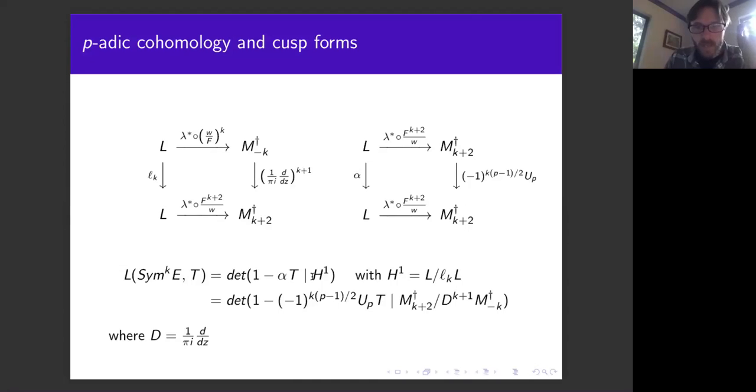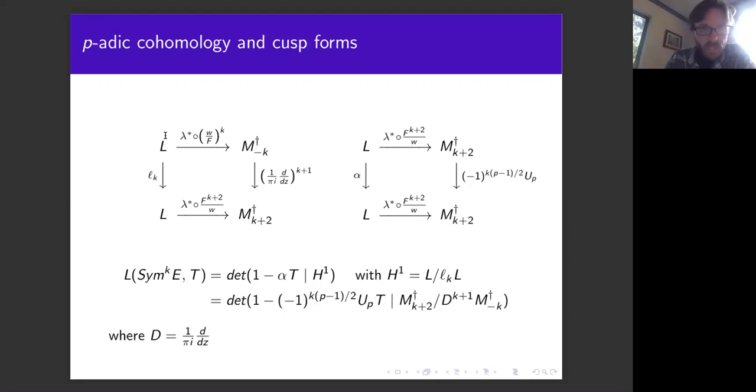To be more explicit, this H1 is a quotient space, L over Lk of L, where L is a space of p-adic functions, and Lk is a differential operator acting on L. So that's what this H1 is.